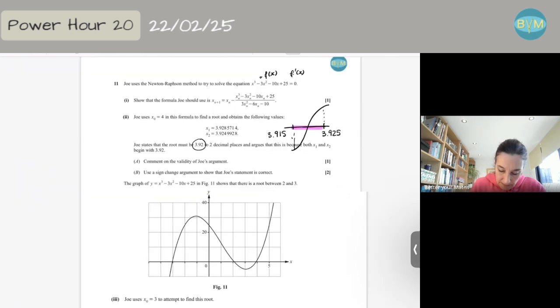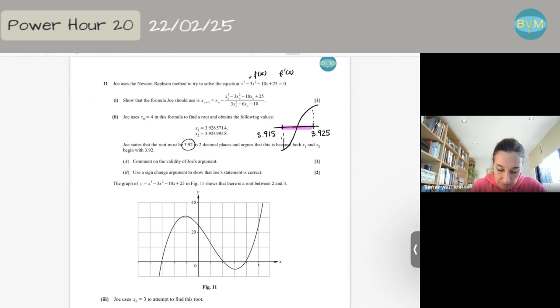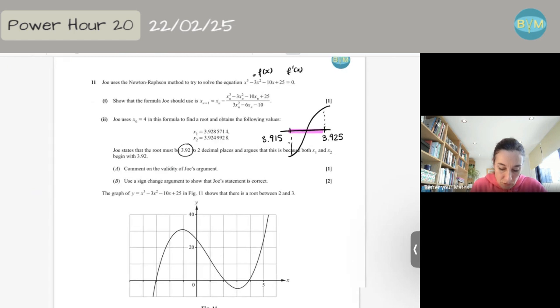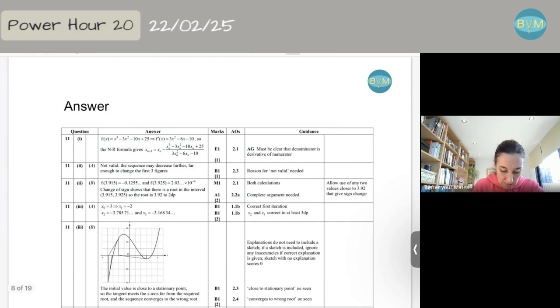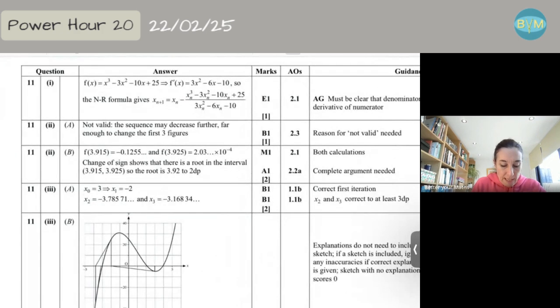So we are trying to find a root for this equation. What I'm going to substitute, I think maybe it's not even worth it because it takes ages to substitute the numbers, but let me show you. F of 3.915 is negative, and f of 3.925 is positive.